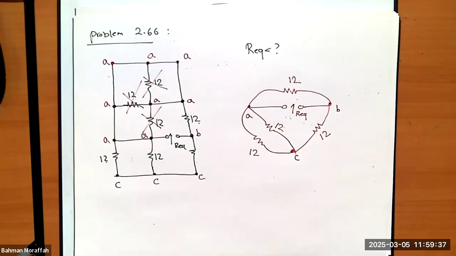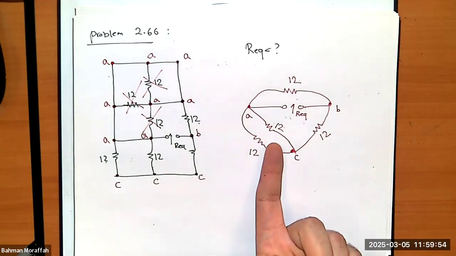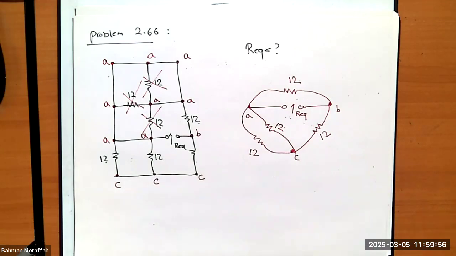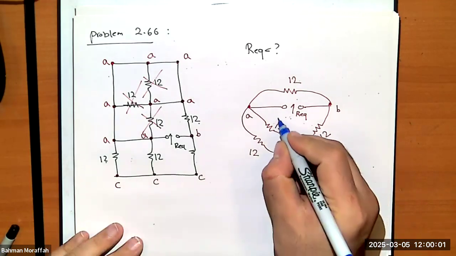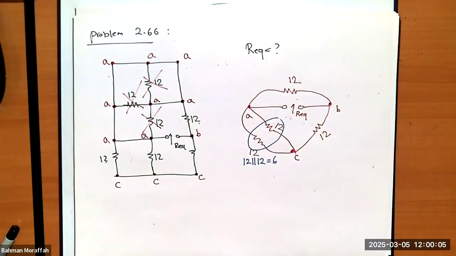Look what happened. This circuit, where we had no idea how the connections were, translated into this simple circuit where we know exactly what the relationships are. What is the relationship between these two? They're in parallel because they share the exact same head and exact same tail. So I have 12 in parallel with 12, which is a 6.